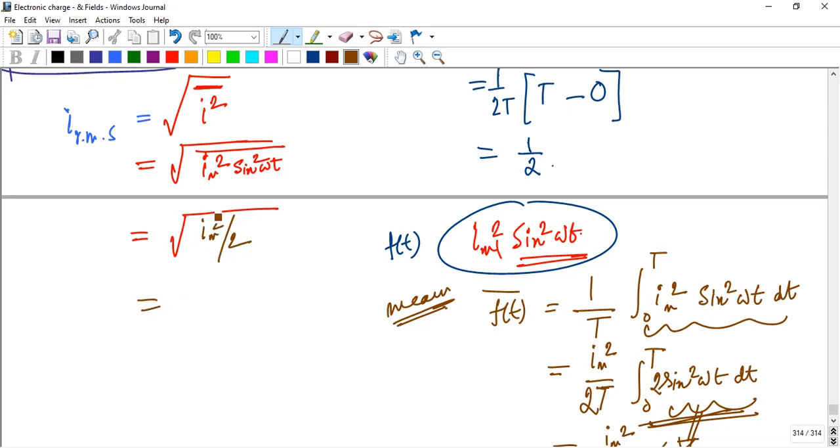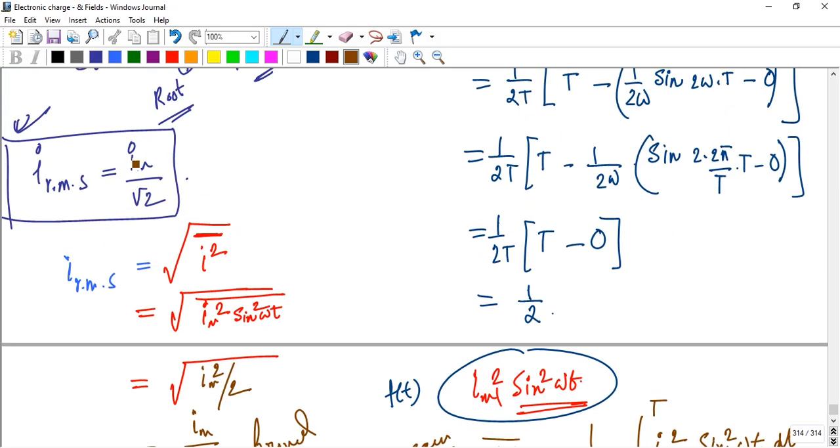After removing the root, we get Im by root 2. That's the RMS proved: maximum current by root 2.